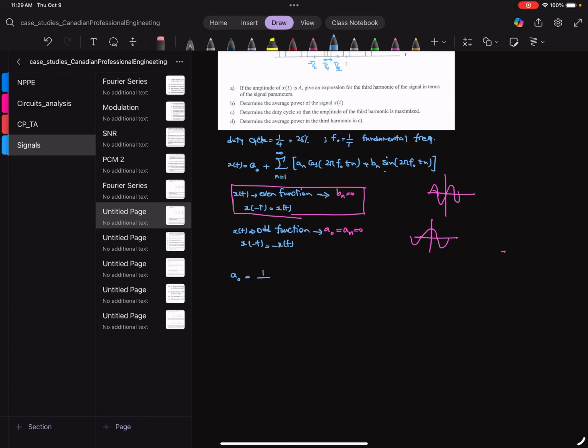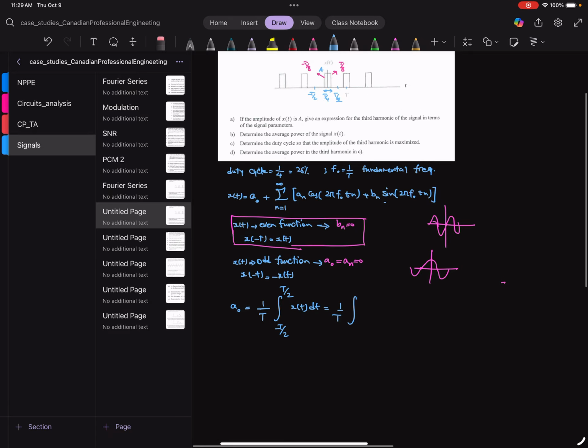a0 is 1/T times the integral from minus T/2 to T/2 of x(t) dt. We can think of it as multiplication by cosine, where cosine when n is 0 is 1, so here the same thing would happen. Now we know that x(t) is only non-zero between minus T/8 and T/8, and the value is A. This is because of the duty cycle.